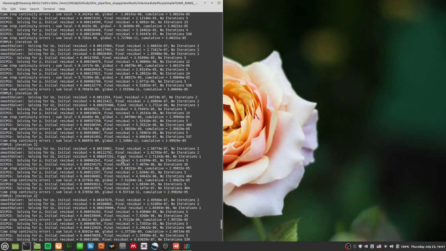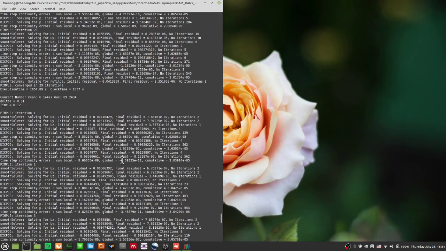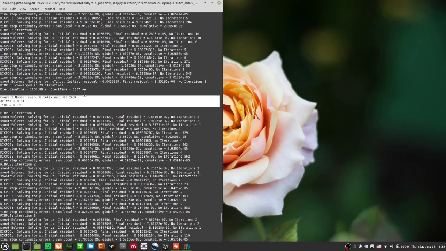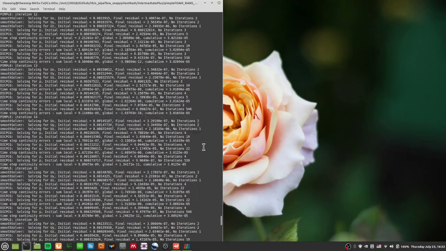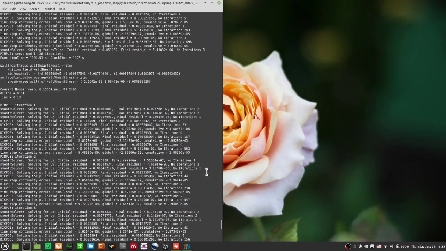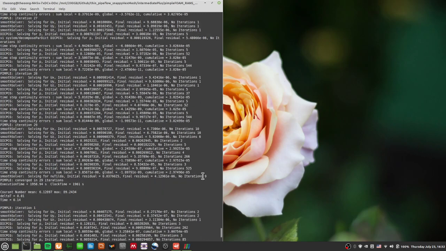And you can see we are getting a time step of delta t 0.01, which is I guess what OpenFOAM is looking for. It's a very nice time step.